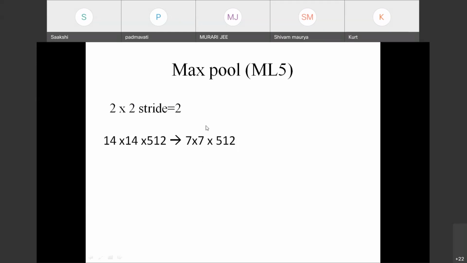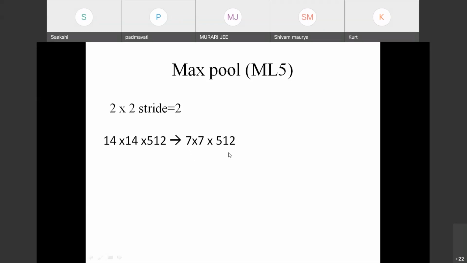First you need to flatten it and later on apply the first fully connected operation. So how many neurons will you get in the flattened layer? You will get these many neurons, 7 cross 7 cross 512.